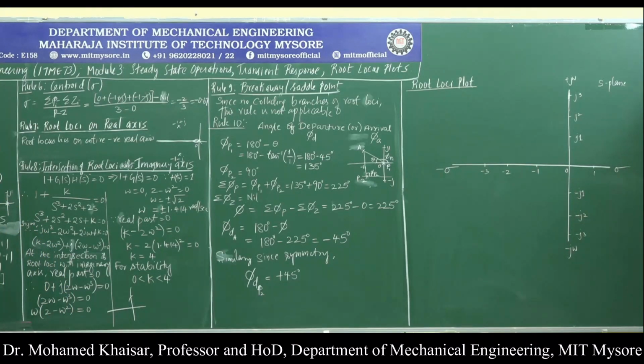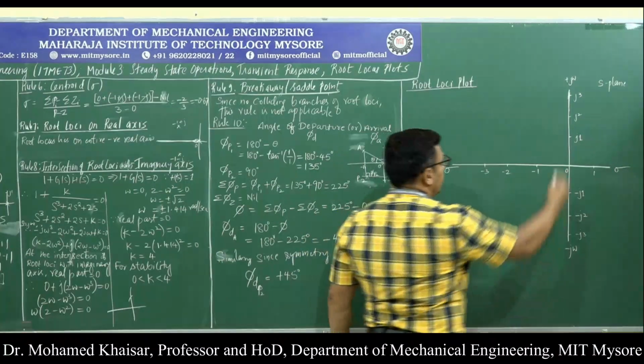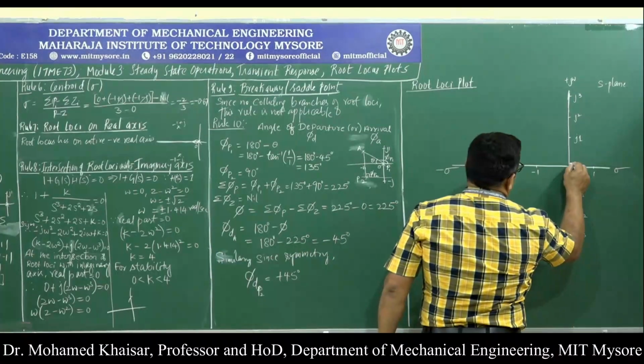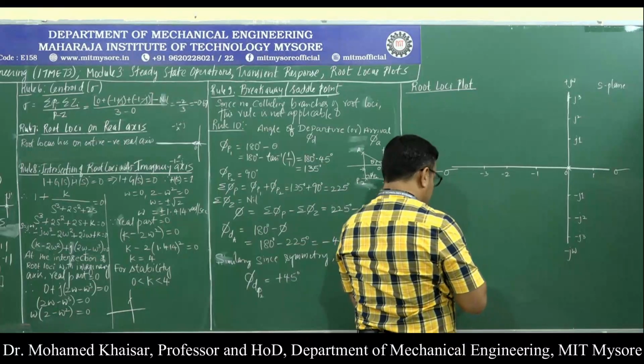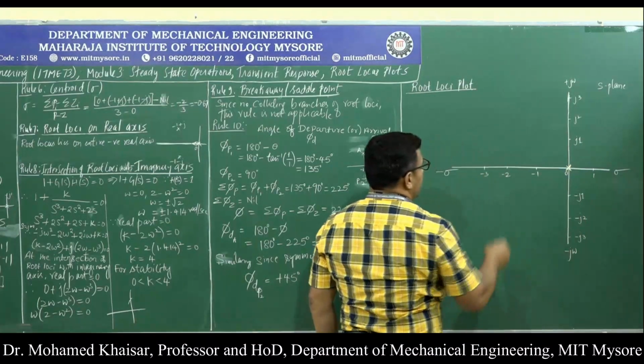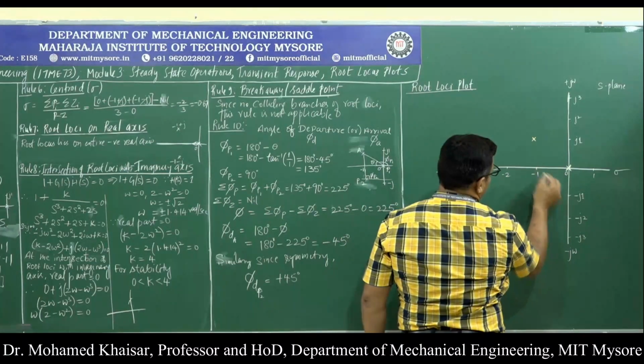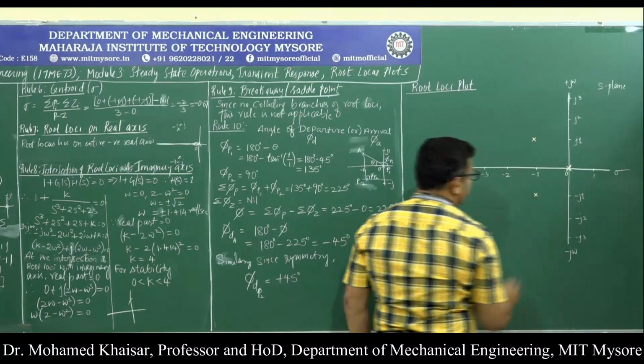Now we will try to draw the root locus plot in the S plane. At 0 there is a pole. Then at minus 1 plus j there is a pole. At minus 1 minus j there is a pole.